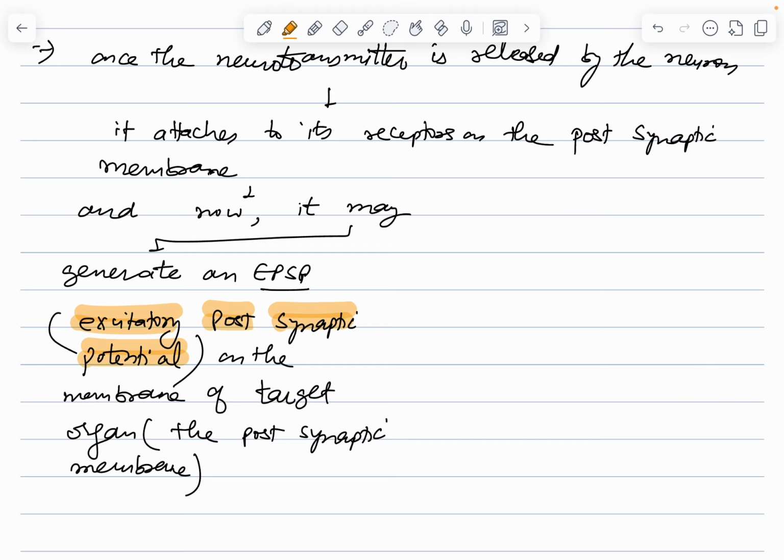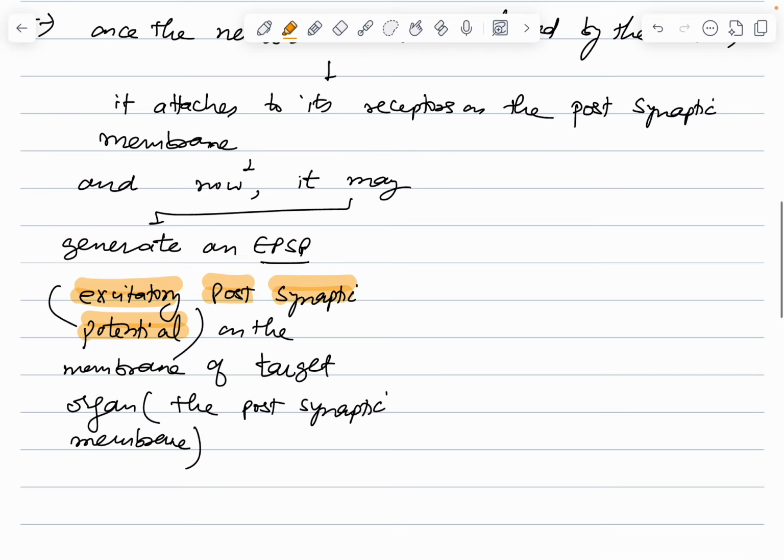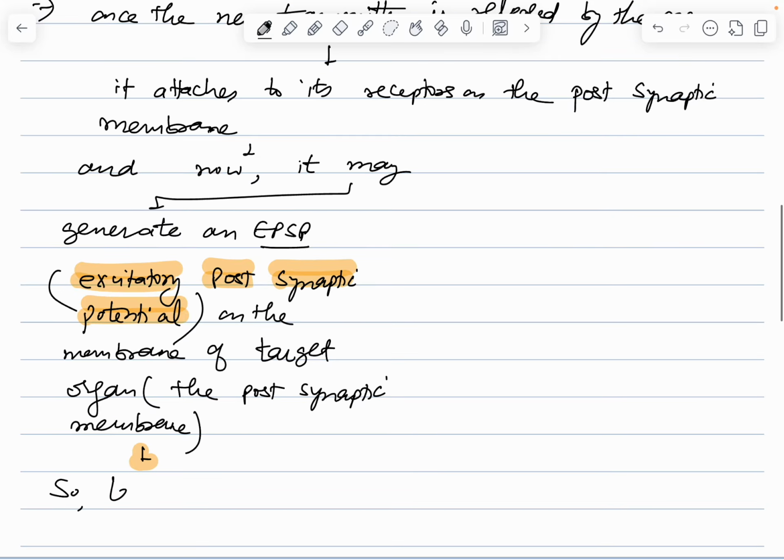And EPSP is any potential above minus 70 millivolt, which means we are basically raising the potential. So once EPSP is generated, the target organ is stimulated for action.